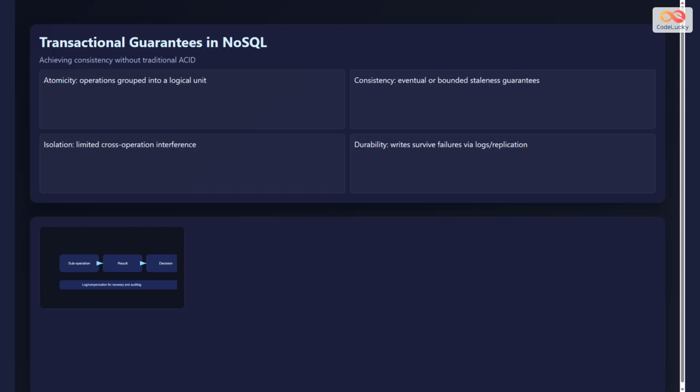Use TCC for tightly coordinated operations where strong consistency is critical, like financial transactions or inventory reservations. However, TCC requires each service to implement explicit reserve and cancel operations, which adds complexity. It's best suited for short-lived operations where the try phase completes quickly.